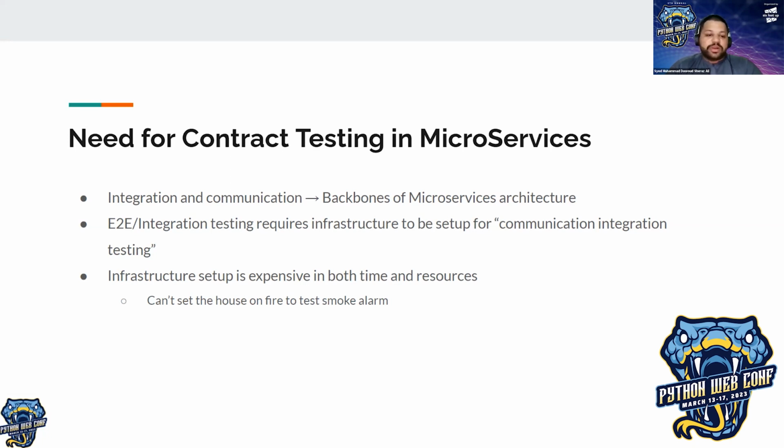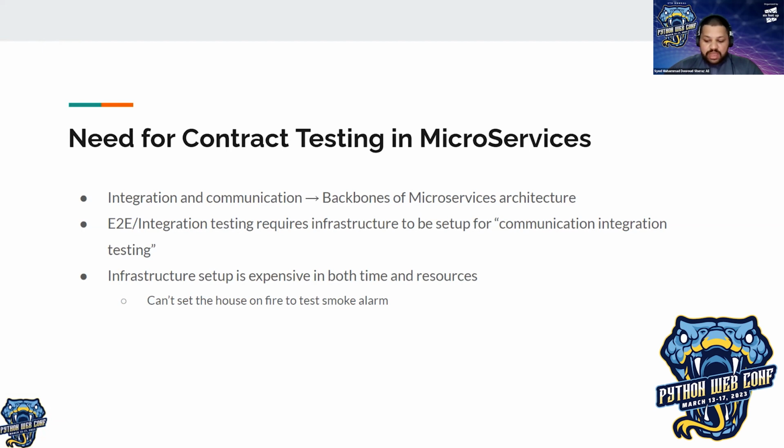So how do we traditionally test those integrations? We have E2E or UI level integration tests that perform this job. But to do that, we need to have a complete infrastructure set up that contains all of the services, and we test each and every scenario there.